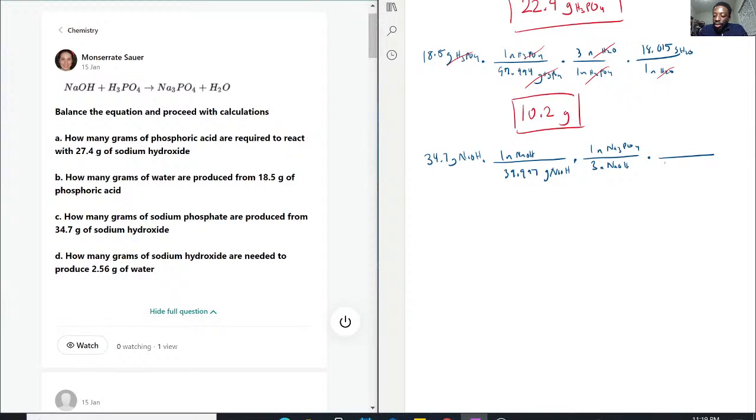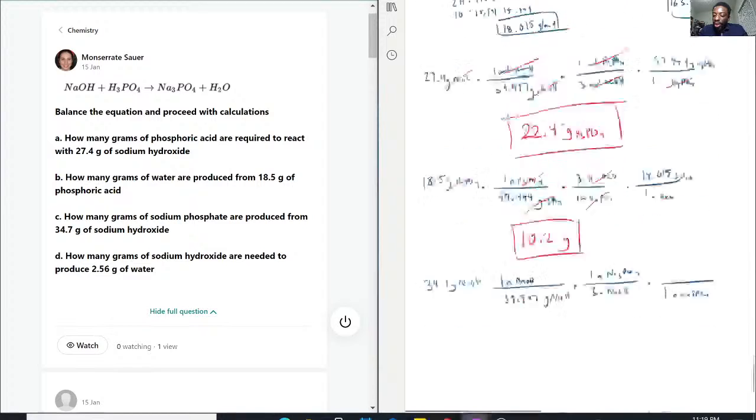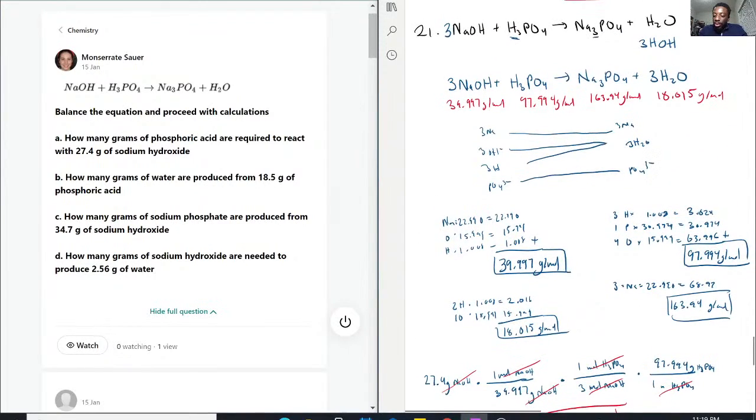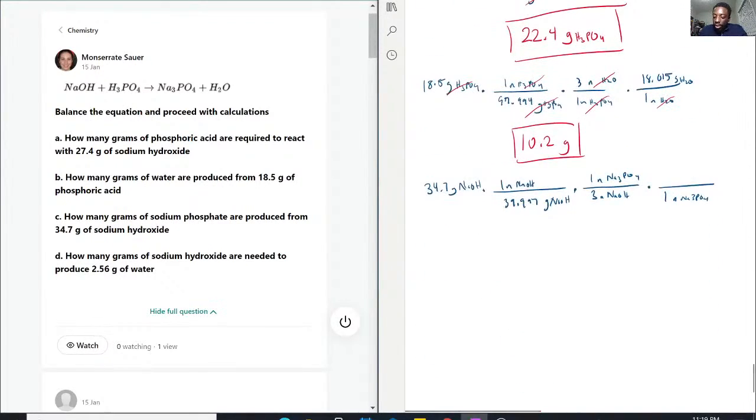And now for every 1 mole of Na3PO4, there's a lot of mass. There's 163.94 grams of Na3PO4. Let me rewrite that. And now these cancel out. Alright, and we should be left with the grams.